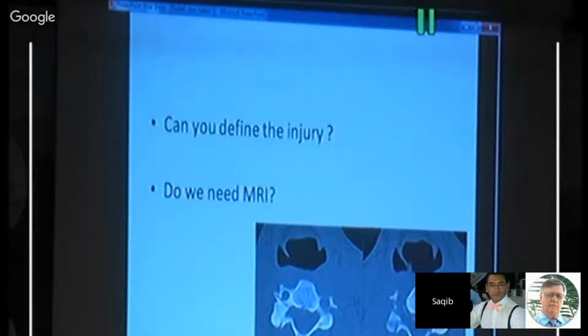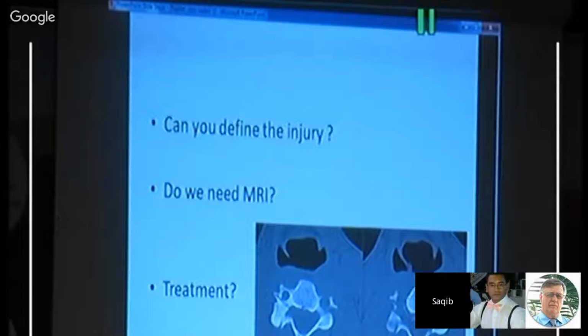MRI also shows the spinal cord better than CT. You can see epidural hematoma, subdural hematoma, intramedullary hematoma. Therefore, MRI is enough. But at the first application, there was no MRI in this case.